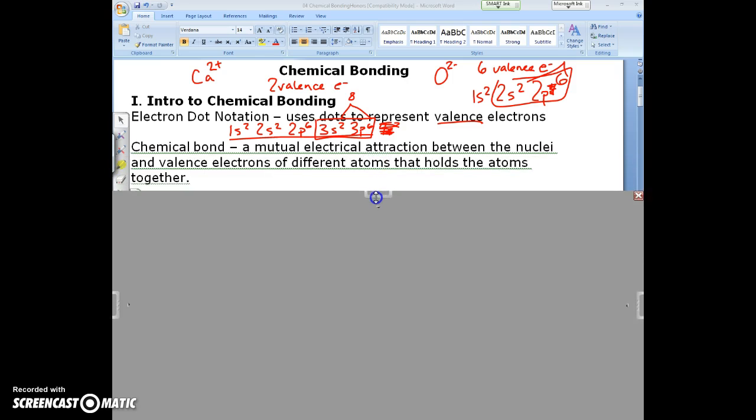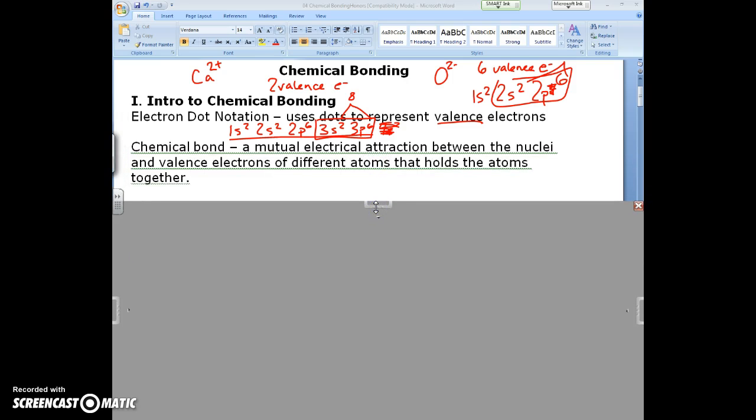Now, what is a chemical bond? A chemical bond is a mutual electrical attraction between the nuclei and valence electrons of different atoms that holds the atoms together. Now, since this chapter is on bonding, I am going to expect you to know the definition of a chemical bond, but you can't memorize this one. It has too many words.